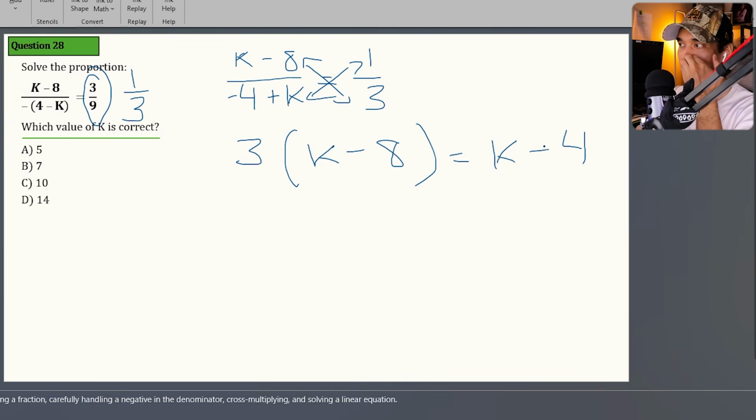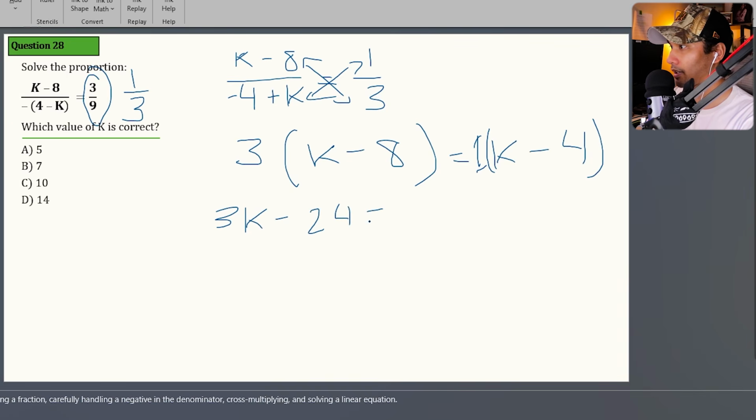Because that 1, I'll just put that right there. Doesn't matter. So let's just distribute the coefficients. 3k minus 24 equals k minus 4. And then I am actually going to add 24.